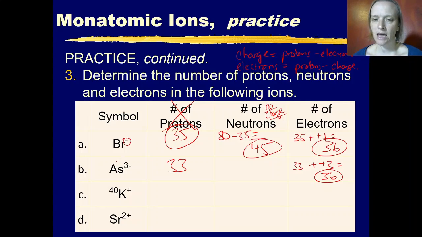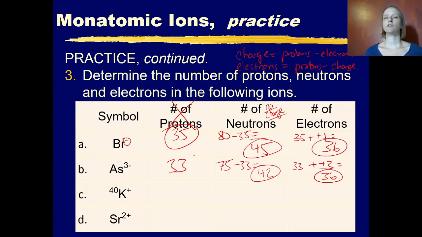And again, I'm not given any information about mass number, so I'm going to take my mass off the periodic table, 74.9, and I'll just round it up to 75. 75 minus the 33 equals 42, and that's the number of neutrons.